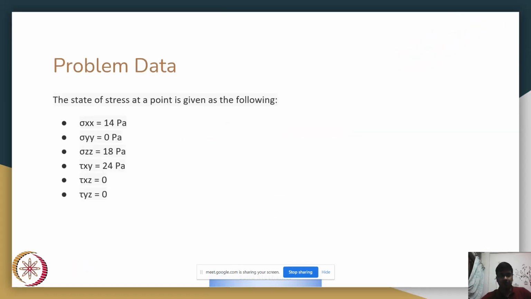We have been given some problem data for the first 4 questions, and it states the following: sigma xx equal to 14 Pascal, sigma yy is 0 Pascal, sigma zz is 18 Pascal, tau xy is 24 Pascal, tau xz is 0, and tau yz is also 0.